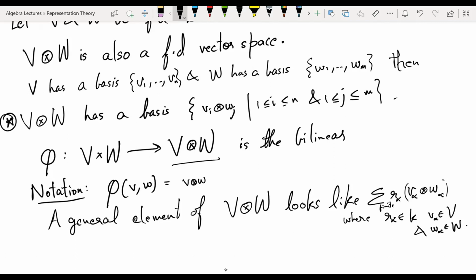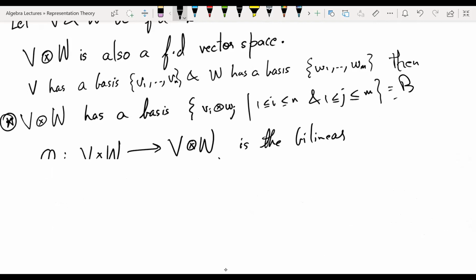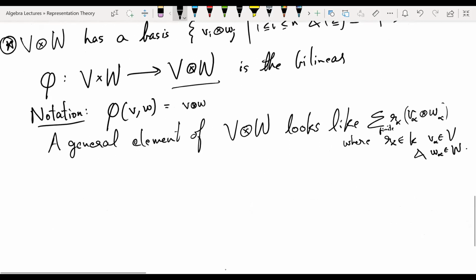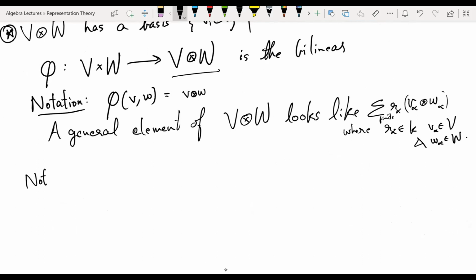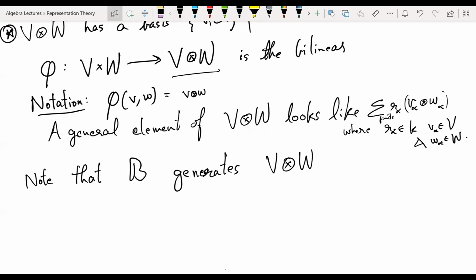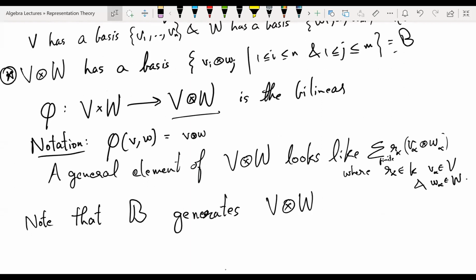So note, let's call it B. Note that B generates V tensor W, because any arbitrary element looks like this, and each of these v_alpha you can write as a k-linear combination of v_1 to v_n.